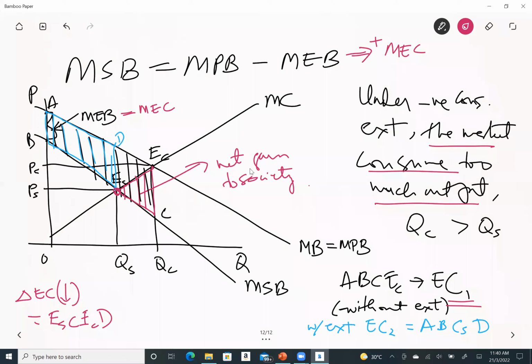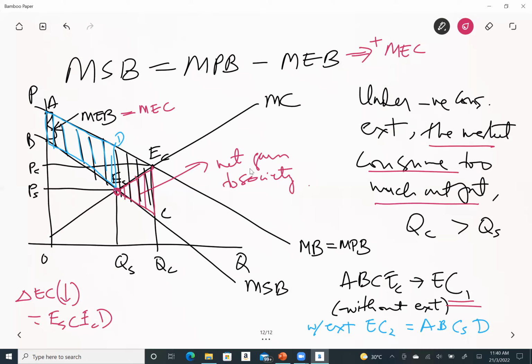Okay, all right. So that is where we left last class. Now, what I would like to do now is look at the positive externality. Again, you have the positive consumption and the positive production externality. Now, when you have positive, that means what? That means the third party benefits from the transaction, right?